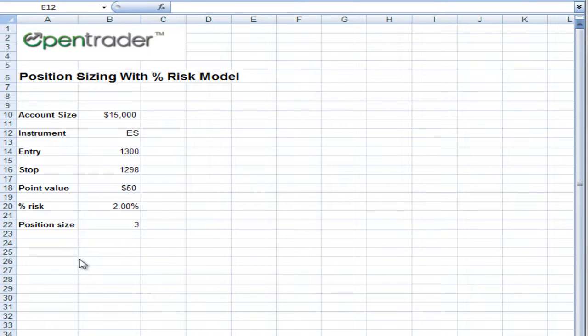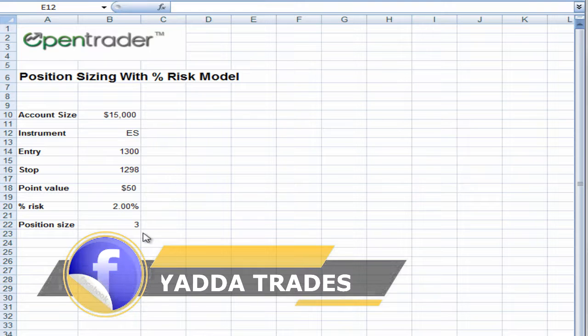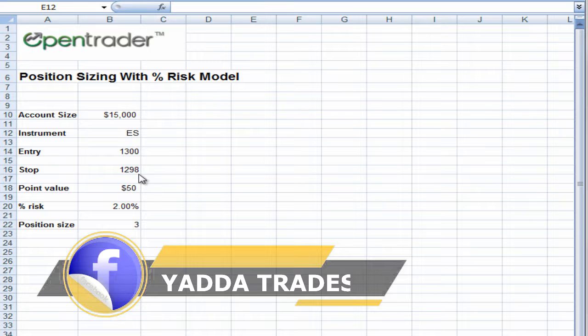Any trade that we take, we'll risk $300 on it. So the question is, what position size is going to give us that $300 risk? And the formula here shows that a position size of 3 S&P contracts will give us a $300 risk on this trade, on this entry with this stop.